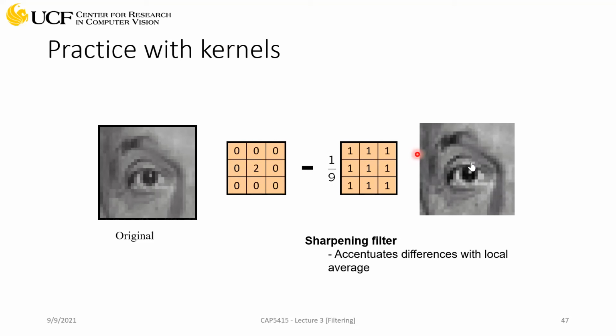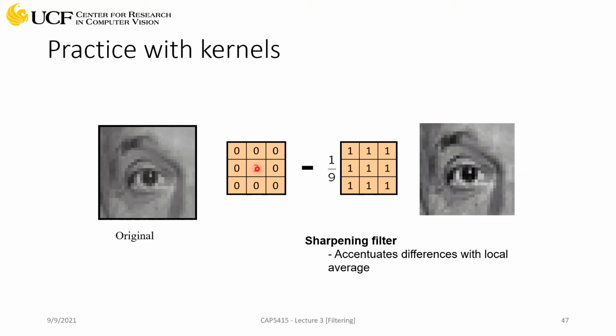So a question from Michael: why would the two matrices be subtracted? That's the whole idea, right? This box filter is smoothing your image. If you look at a local neighborhood, it's trying to figure out what the average intensity is in this region. And the first filter is just enhancing the intensity.